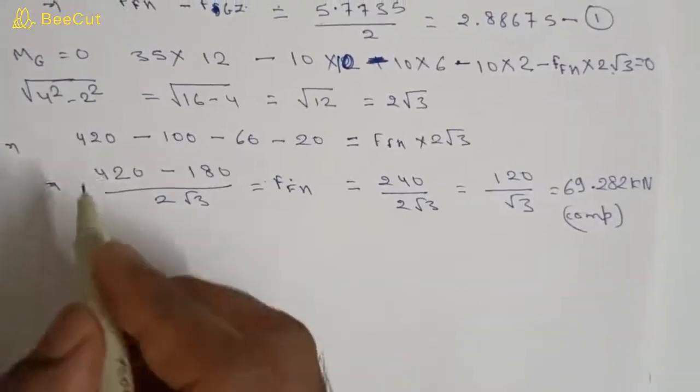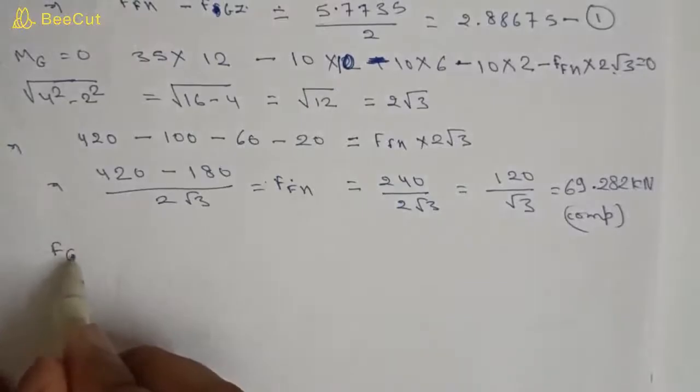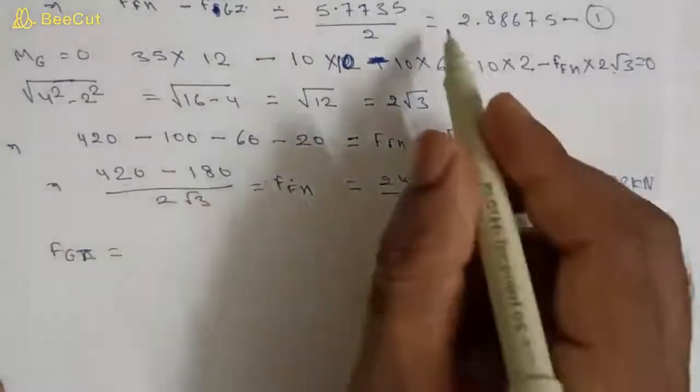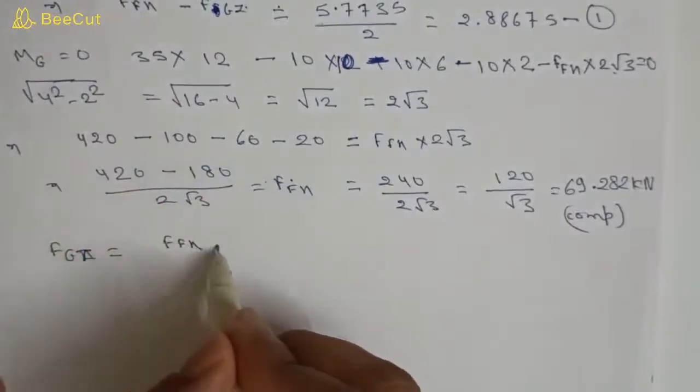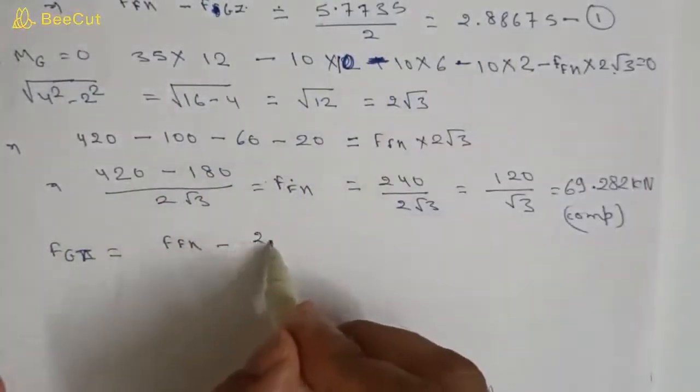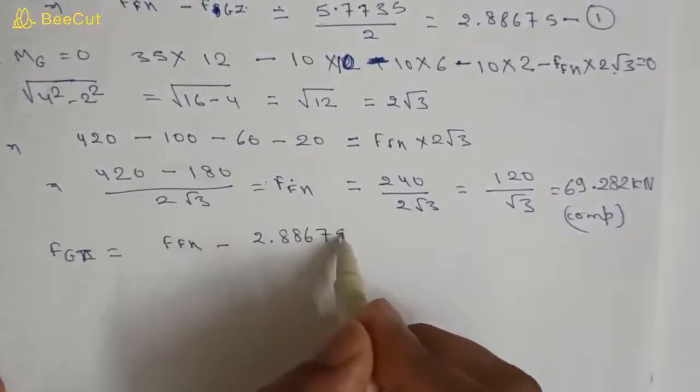Now we can find FGI. FGI is equal to FFH minus 2.88675.